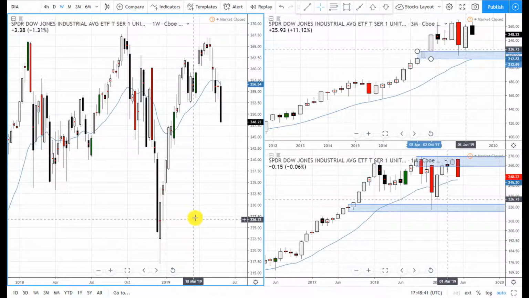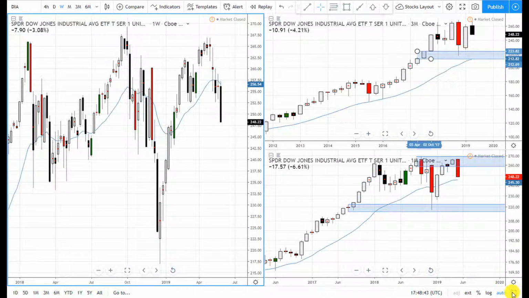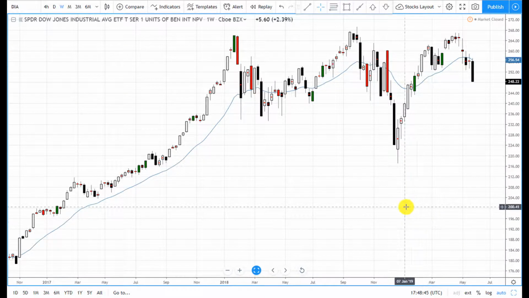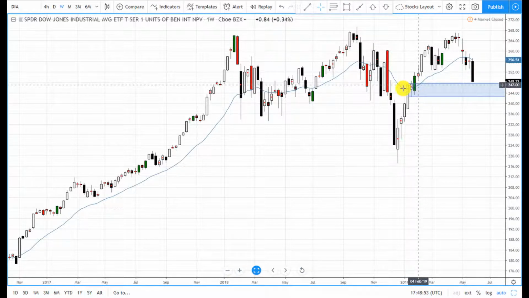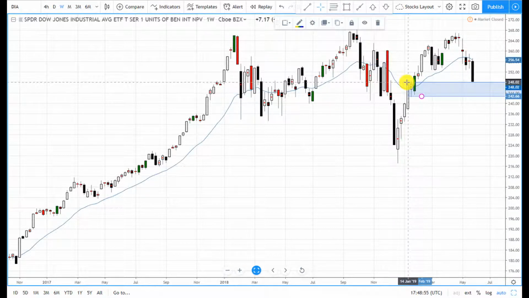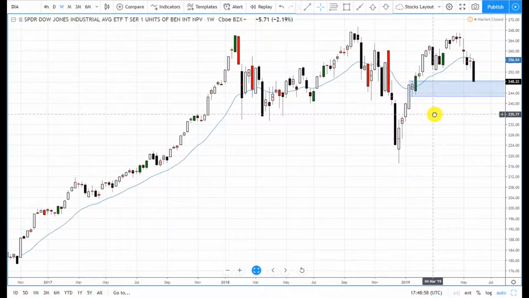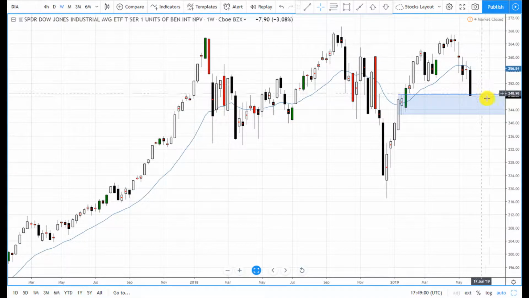Okay, so let's take a look at the weekly chart here. We have a demand zone right here created down here. You could do this base, or you could take the whole candle up here like that. So if that's the case, then price has retraced to our weekly demand zone.